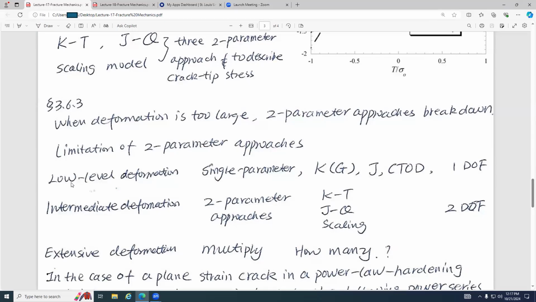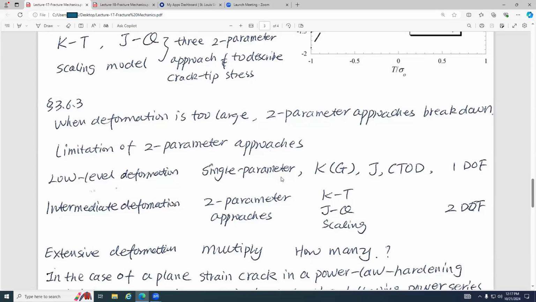I just summarize here. For low-level deformation, we can use a single parameter, K or G, where K is the stress intensity factor and G is the energy release rate. These two are interchangeable. And J is the J integral, and CTOD or CTOA.